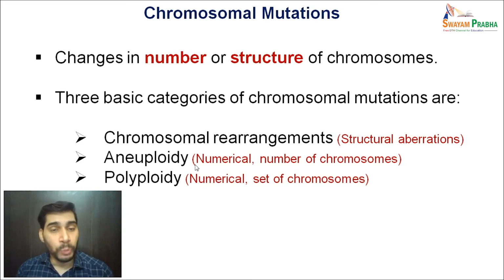There can be aneuploidy, which is the numerical aberration, where there is a change in the number of chromosomes. And there can be polyploidy, which is also a numerical aberration, but here the whole set of chromosomes is changed. So in contrast to aneuploidy, which is just a change in number of chromosomes, polyploidy refers to a complete change in the set of the chromosomes.